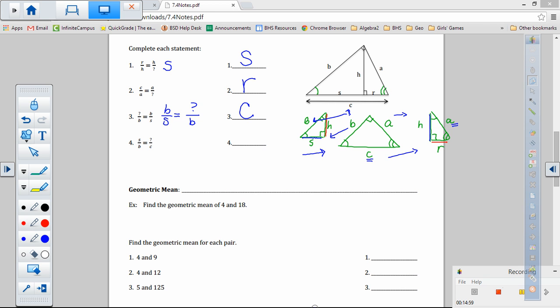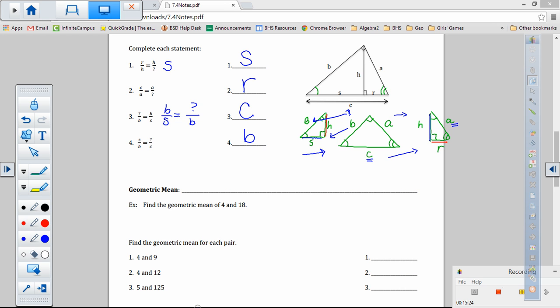S is to B as C is to what? So C is marked here is to what in this triangle? So 1, 2, 1, 2. B. Okay. If you had difficulty with that, please make sure you speak to one or the other of us so we can go over that with you before you move on.